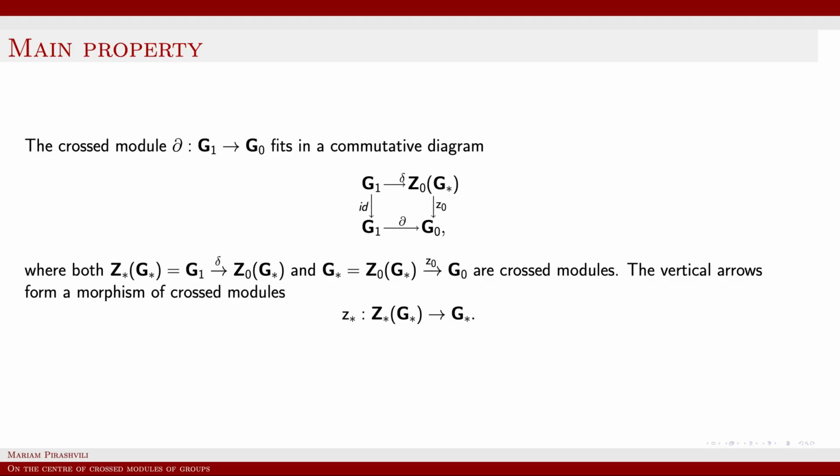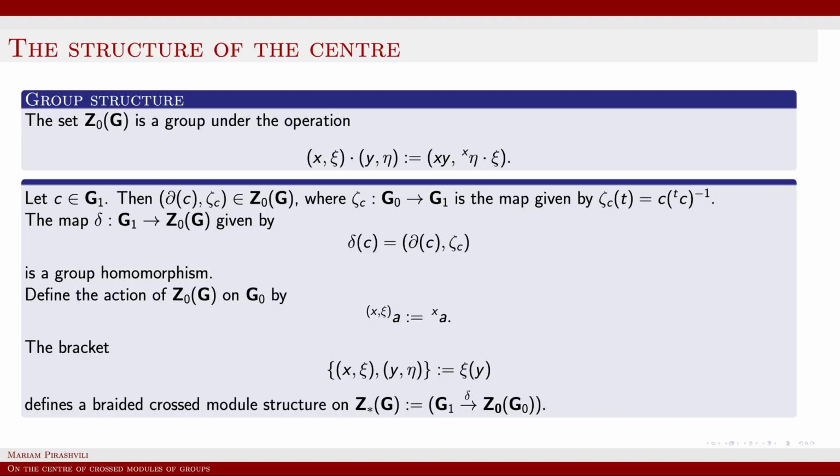We will also have an action of Z0 on G1. So this will be a crossed module, but perhaps more surprisingly, this vertical homomorphism is also a crossed module, and this square here is a morphism of crossed modules as defined at the very beginning.